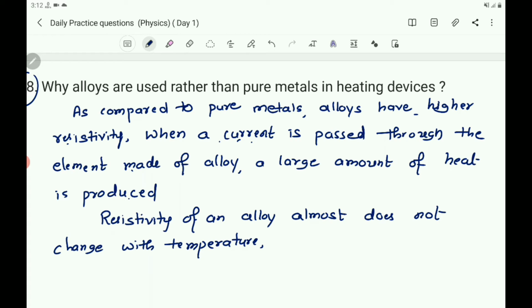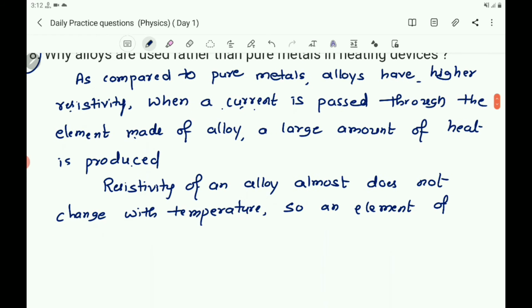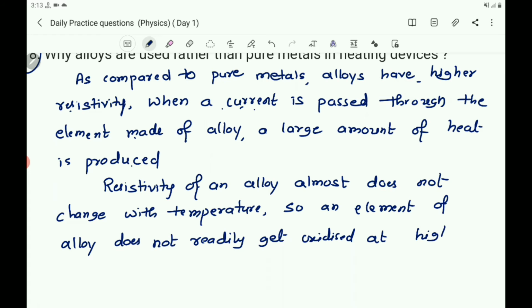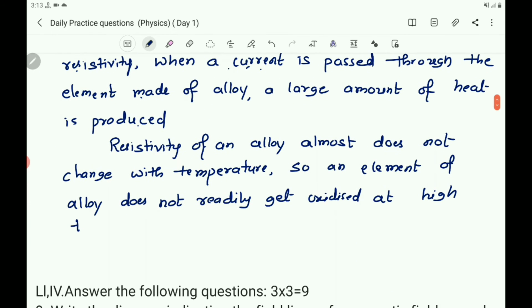An element of alloy does not readily get oxidized at high temperature.